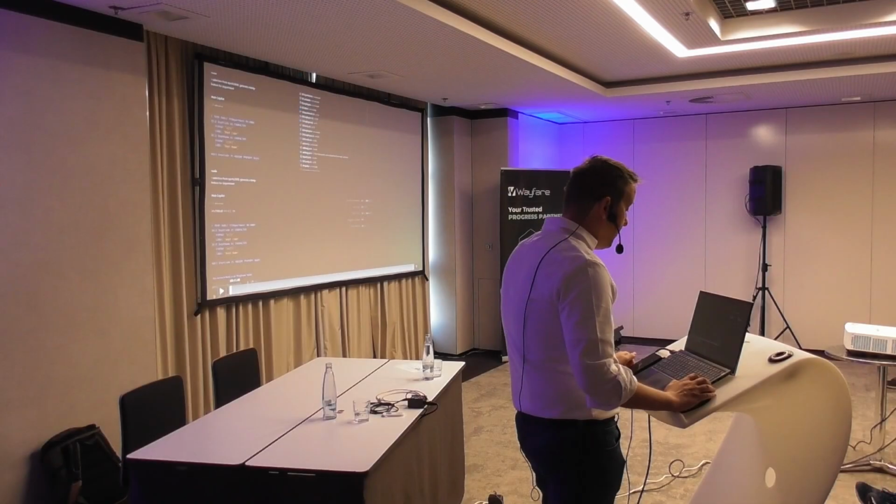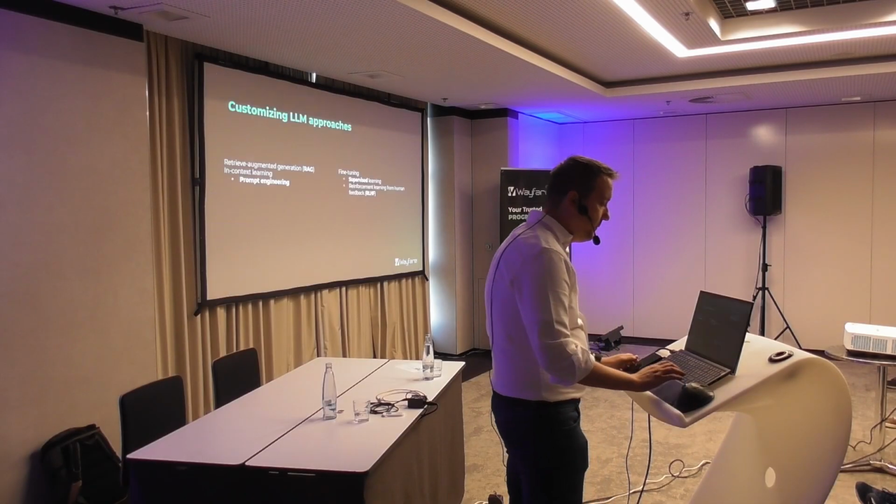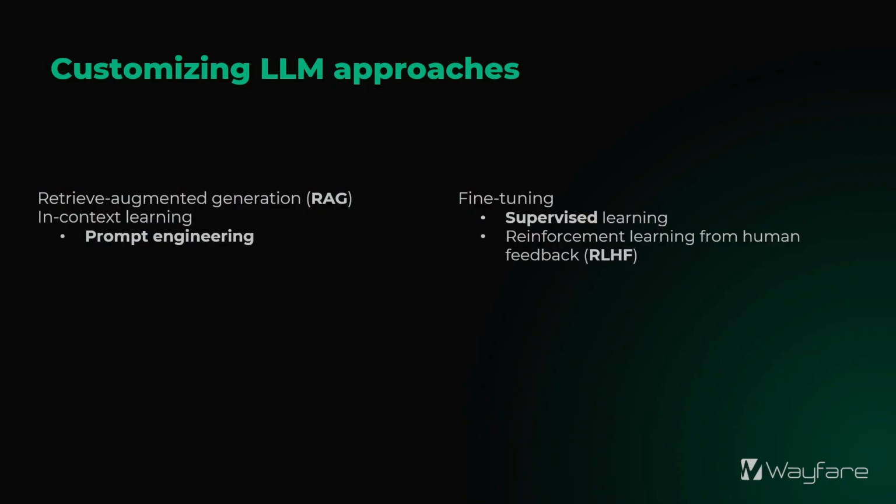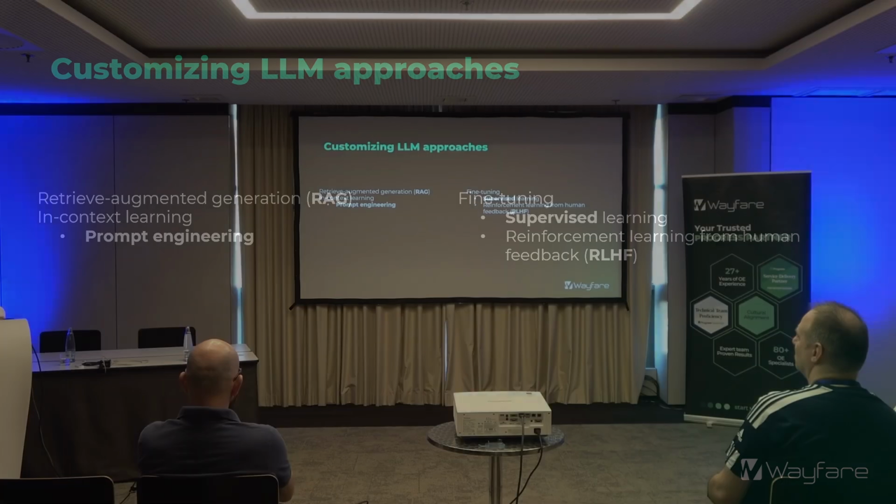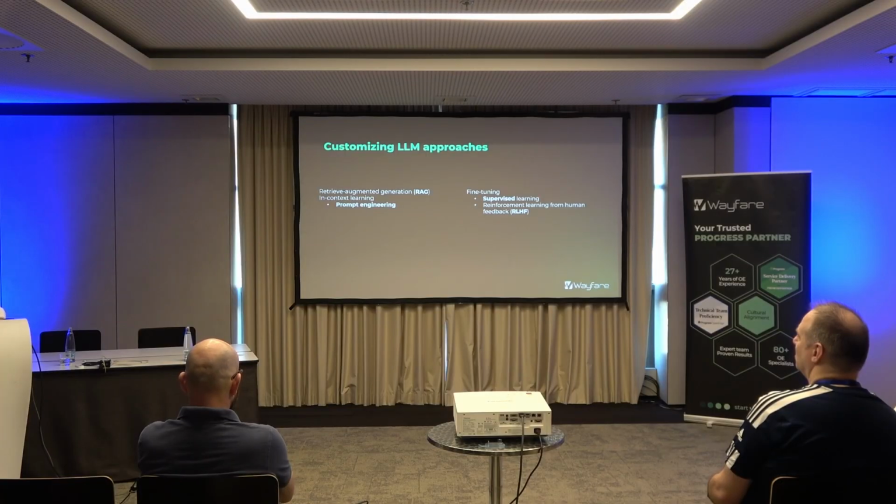Okay, how did we reach this stage? We tried to look at all possible customizations for an LLM. There are 4 in total. We can use RAG, in-context learning, supervised learning, or reinforcement learning from human feedback.